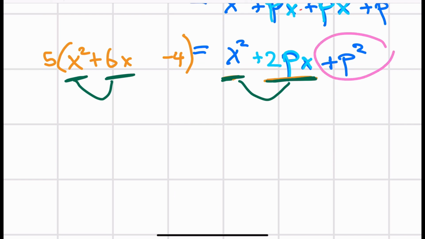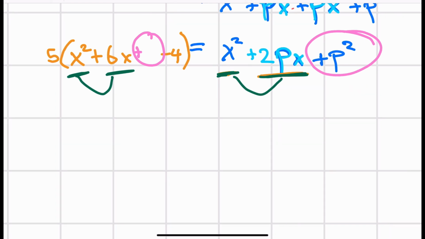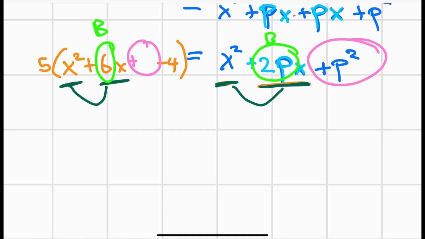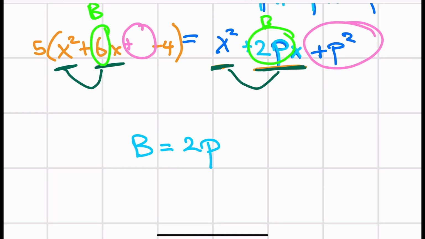I need to add in some sort of number that will help me turn this into an equivalent of a perfect square. The formula says that b equals 2p, right? And then I divide 2p by 2, so I divide b by 2 technically. Then I'll be left with p, right?